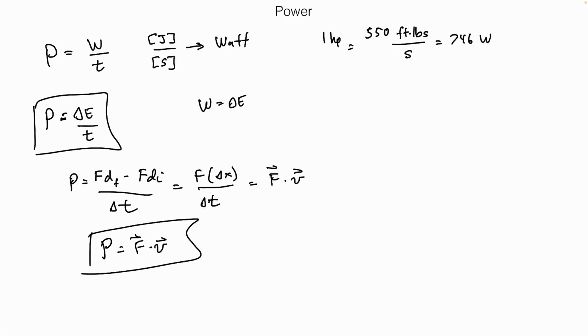Let's see. Since we're going to calculate power, we need to know the height of the stairs. What did we say? 7.2. So the calculation is going to be 7.2 over 550.